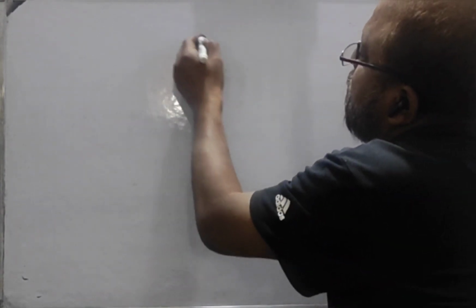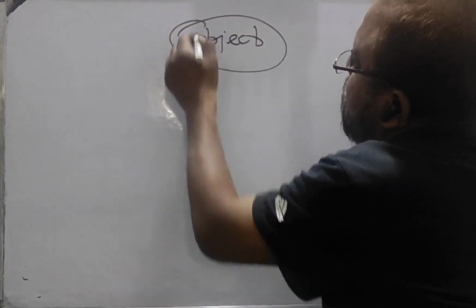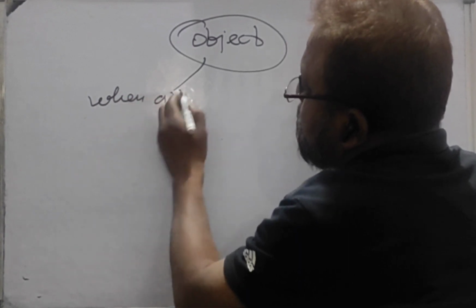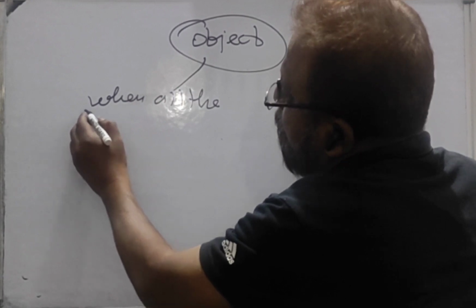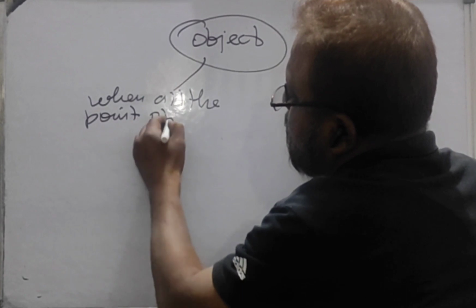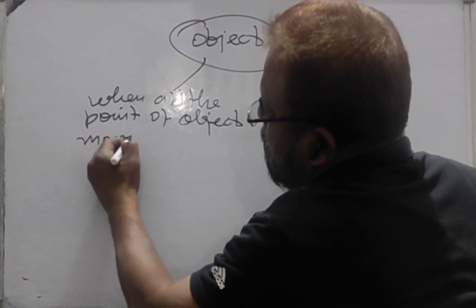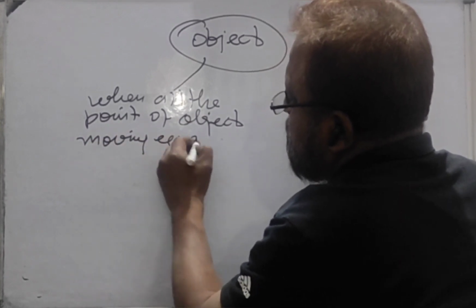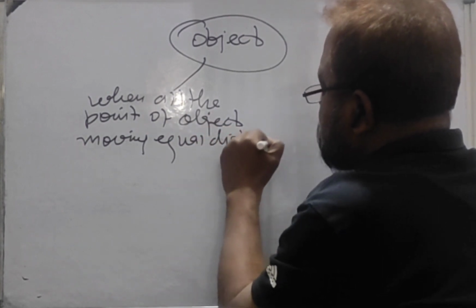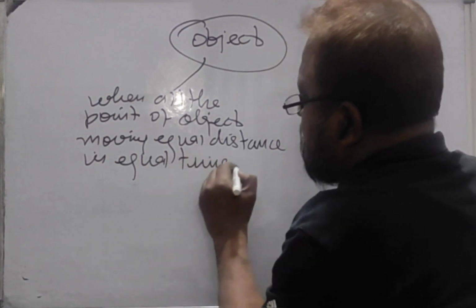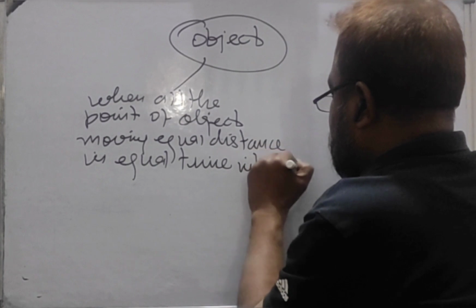Uniform linear motion, na, उसको बोलते हैं, जैसे अगर एक ऑब्जेक्ट है तो इसके दो पोजीशन होते हैं, दो मोशन होते हैं. एक मोशन जो होता है, motion when all the points of object moving equal distance in equal time interval. ठीक है? क्या बोला मैंने?